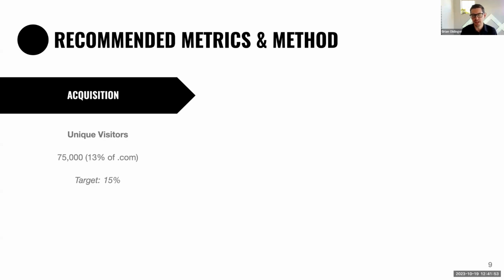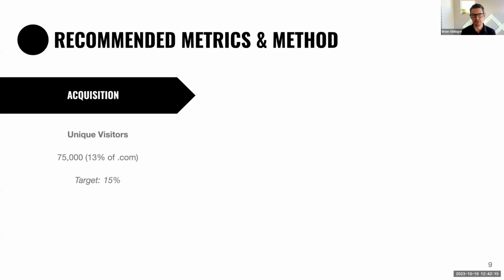You can connect a human to a human in the data, which is really important. Then we can set a goal and say, how many people do we want to come to our community every month or quarter or year? Let's say 75,000 was the goal. Maybe that's an annual target or for the first half of the year.